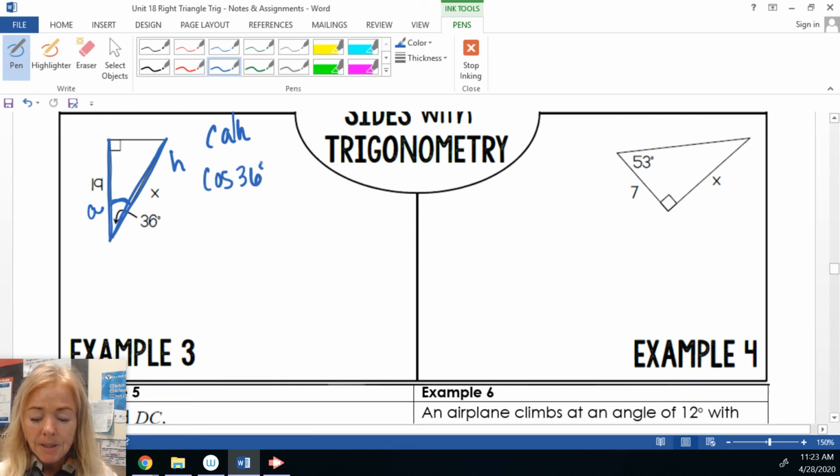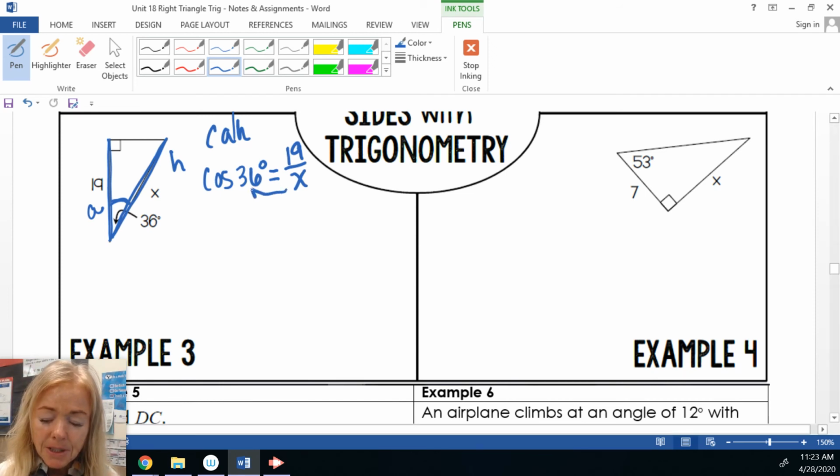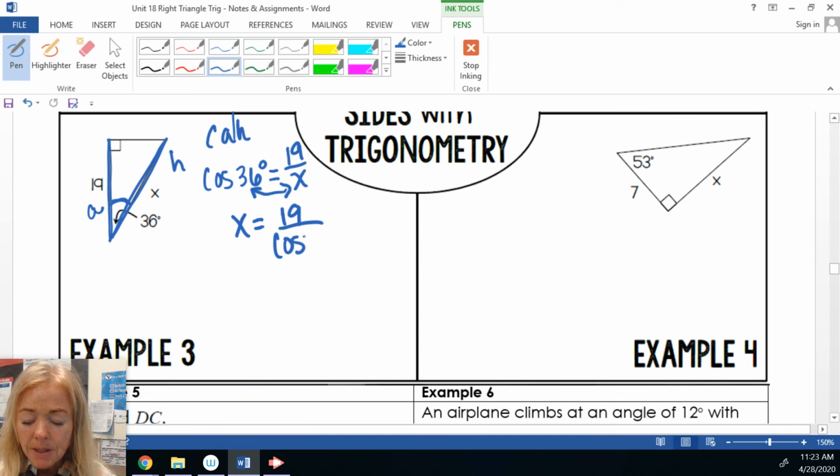Cosine of the 36-degree angle is equal to the adjacent, 19, over the hypotenuse x. Okay? So this is divided by x. If 19 is divided by x, then we're just going to switch these two. The denominator, the x, we leave 19 alone. That number on the top stays there. We switch: x equals 19 over cosine 36.